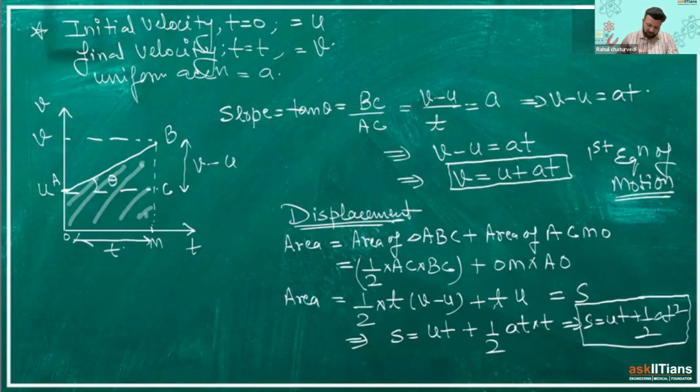Again, we can use the same relation, that area is equal to S, which is equal to T by 2 into V minus U, plus UT, right?